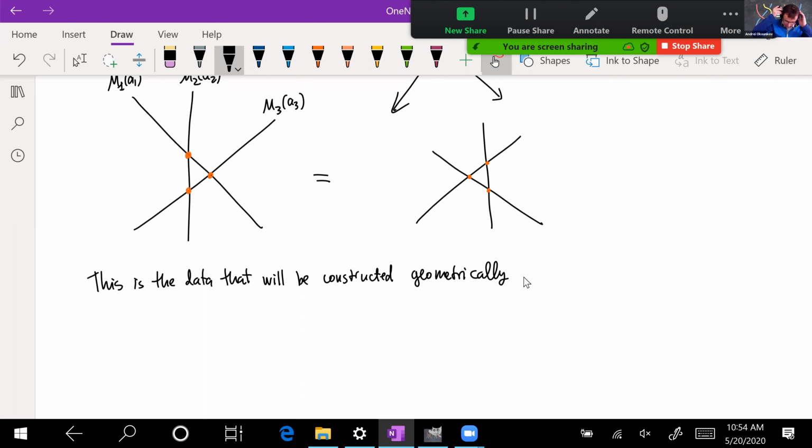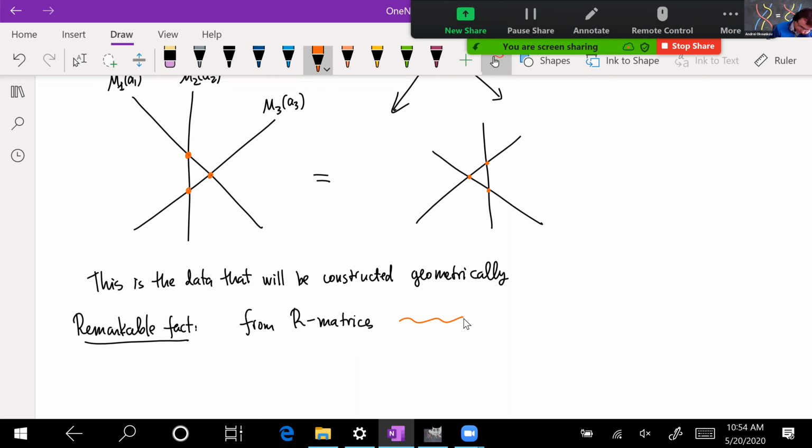So one remarkable fact is that from R matrices, which are solutions of the Yang-Baxter equation, and tensor products of these modules Mi, one gets modules over a certain quantum group.